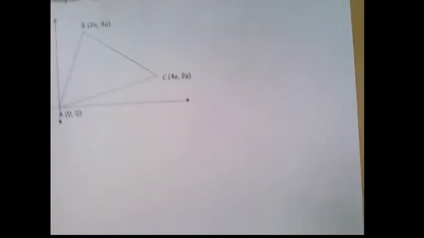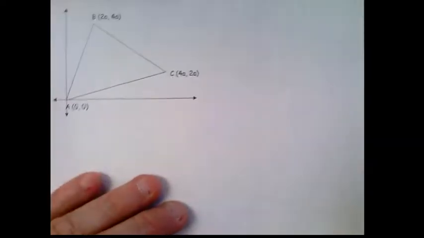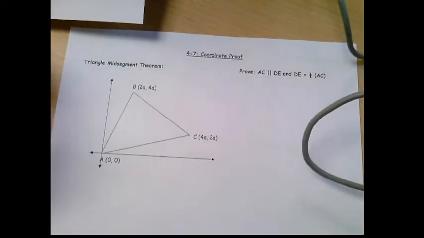So what we're going to get into, I'm going to make this as quick and painless as possible, but I want to go ahead and show you right here. What we're going to look at is what's called a coordinate proof. With a coordinate proof, folks, we're basically proving something using the coordinate plane, hence the name.